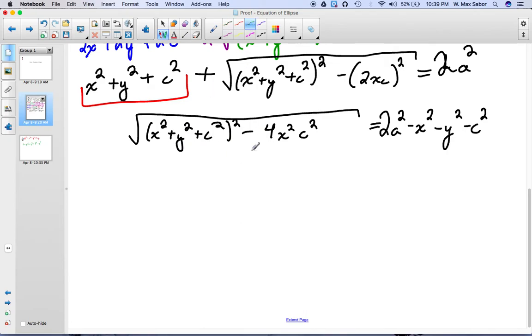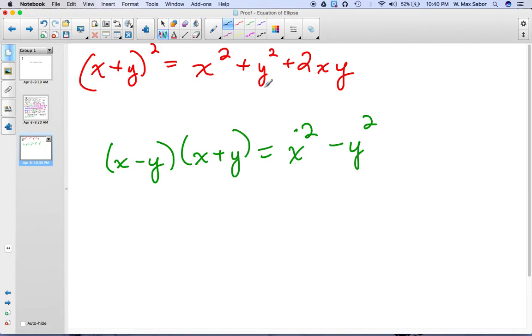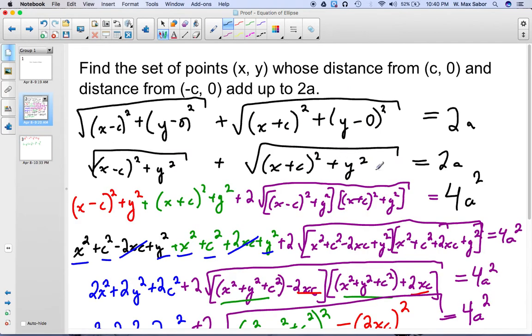Now the left side is a square root. We're going to square both sides, and we just are left with (x squared plus y squared plus c squared) squared minus 4x squared c squared equals, well, this is, again, 2a squared minus all of these things being added up, so I'm going to treat this as that, do the first thing squared, do the second thing squared, and plus 2 times x times y.